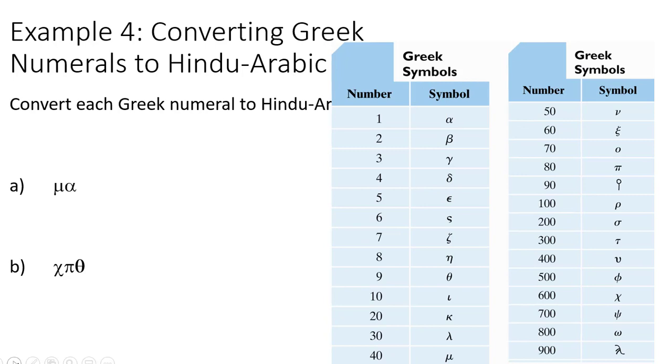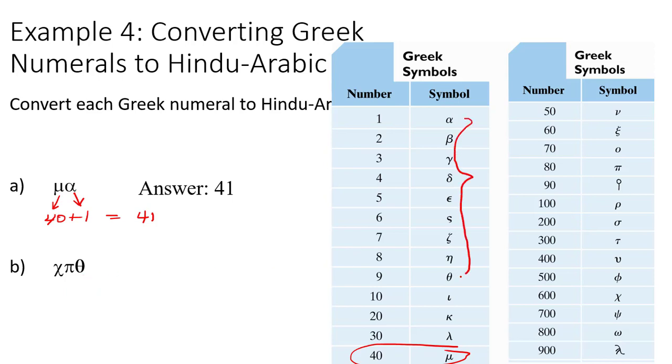So if we want to convert a Greek numeral to Hindu-Arabic, we translate or decipher it like a little code. Alpha corresponds to 1, and the Greek letter mu here corresponds to 40. So you add them together, and that's just the number 41. The next one, we're going to look for theta. You're always going to get the ones digit from over here.